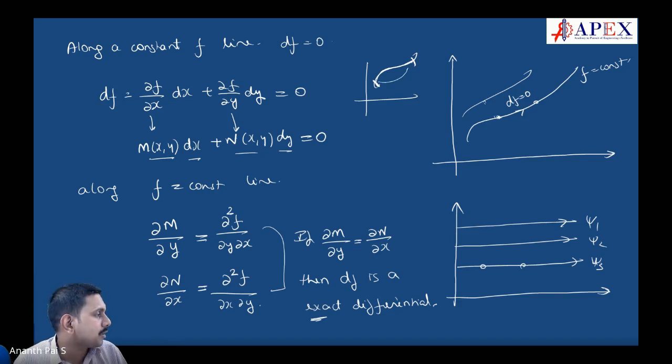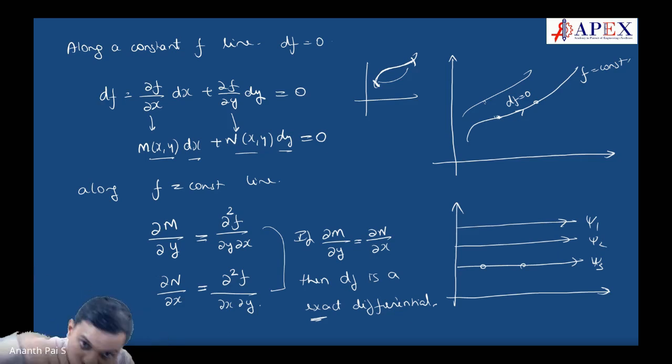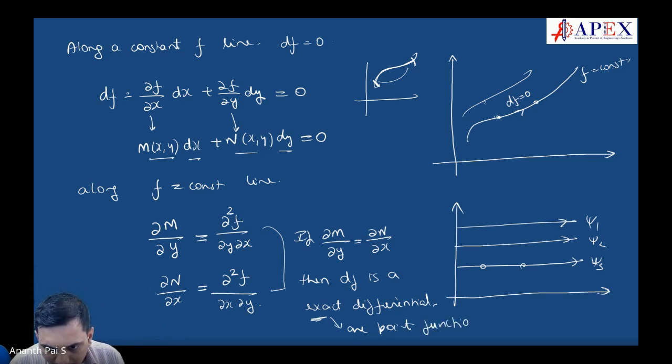That's also important, so path is important there. It is not just the end point that is important, the way you are going is also important. So those are path functions, and those are inexact. So exact differentials are point functions.